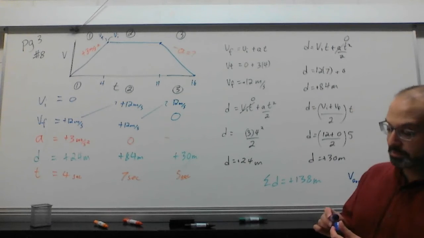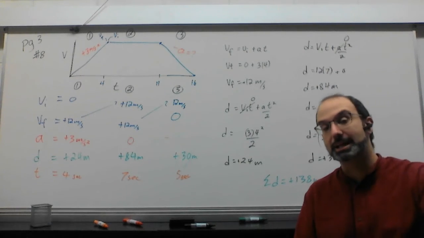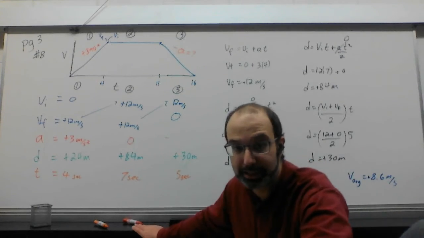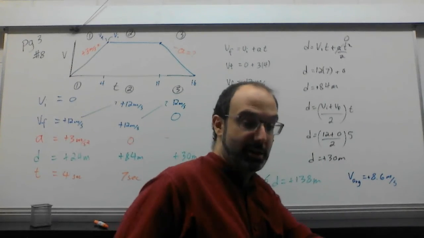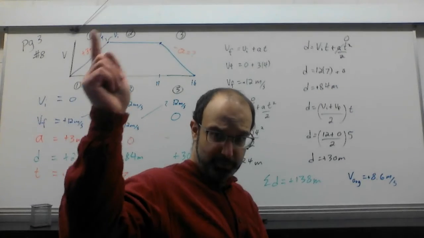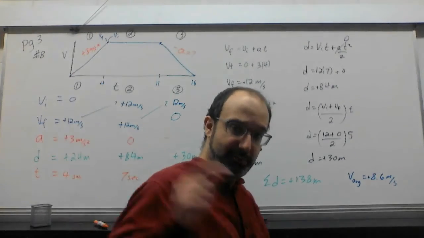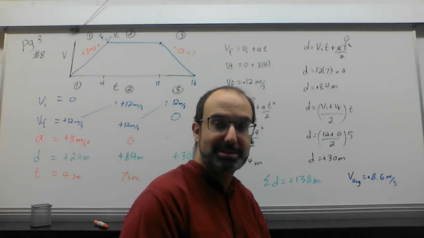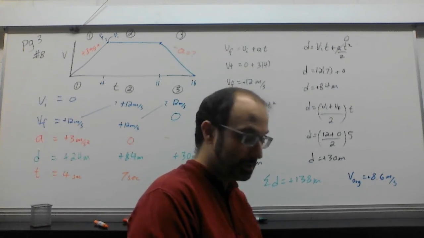What that means is that I would be able to cover exactly the same distance by only traveling at a very leisurely 8.6 the entire time, rather than this whole speed up, constant, slow down thing. If I just went at the same speed the entire time, 8.6, I'd get exactly the same displacement.